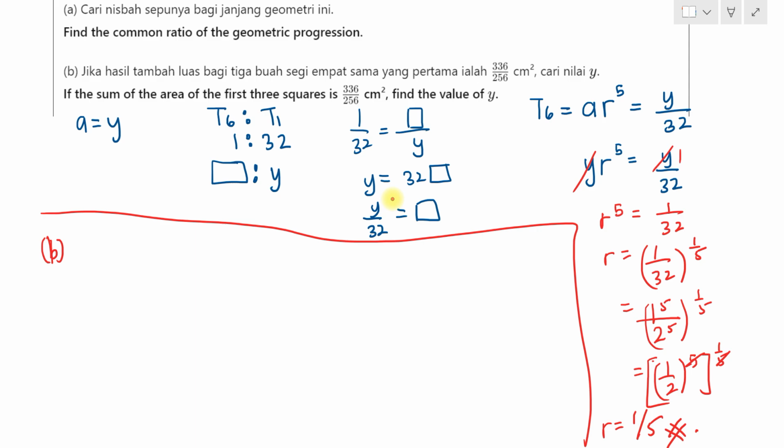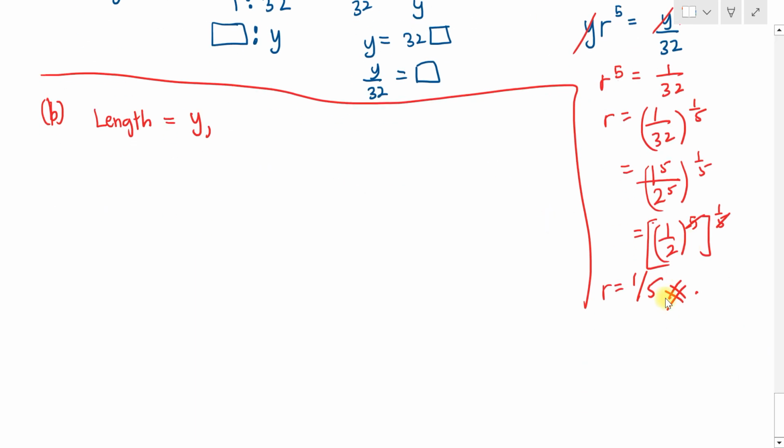All right, length. The first one is y. Remember the common ratio is, oh, I wrote 1/5. Sometimes if you notice an obvious mistake, you just correct it. So it should be 1/2.